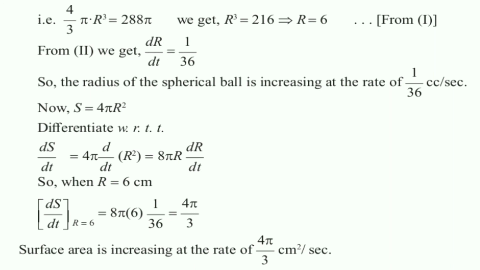So, when r equals 6 cm, dS upon dt equals 8 pi into 6 into 1 upon 36, which equals 4 pi upon 3. Hence, surface area is increasing at the rate of 4 pi upon 3 cm square per second.